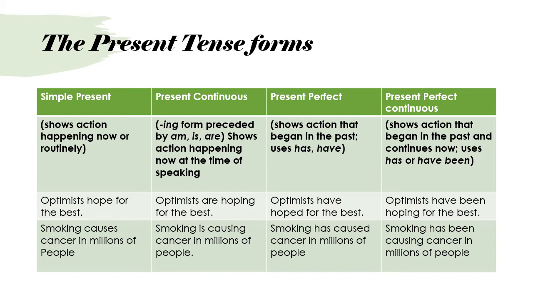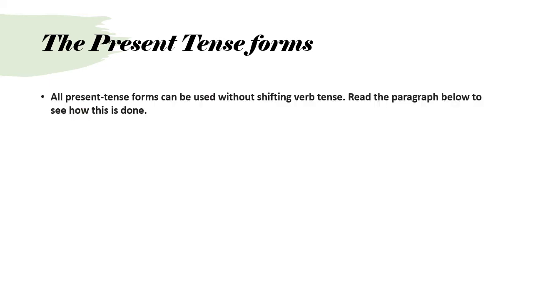Smoking has been causing cancer in millions of people. All present tense forms can be used without shifting the verb tense. So let's read a paragraph and see how this is done, where we use all the present tense forms without shifting the verb tense in a paragraph.